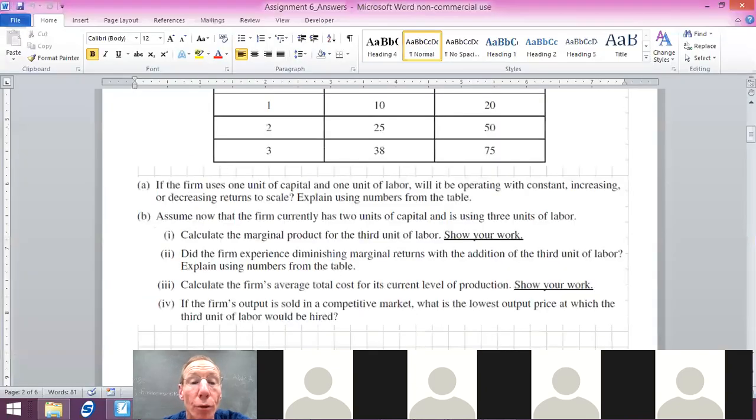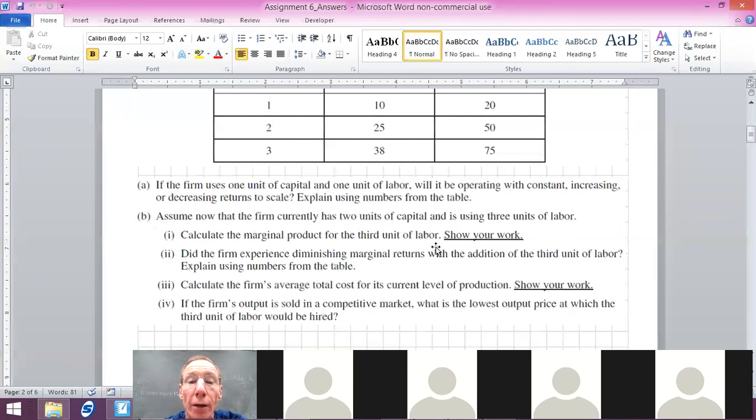Okay, number 3, calculate the firm's average total cost for its current level of production. Okay, the current level of production is 2 units of capital and 3 units of labor. So whenever they have a B here, and then 1, 2 in these small Roman numerals, then whatever is assumed in this part here holds true for all of it.